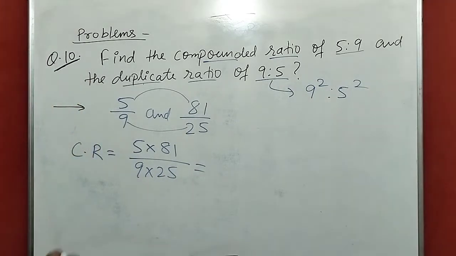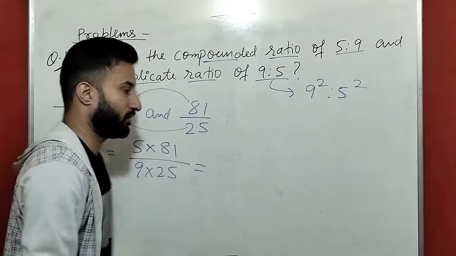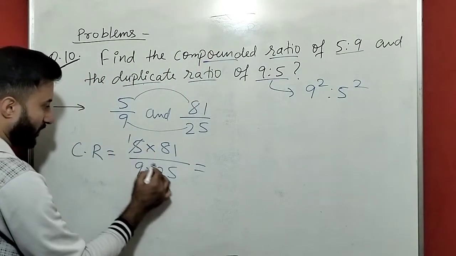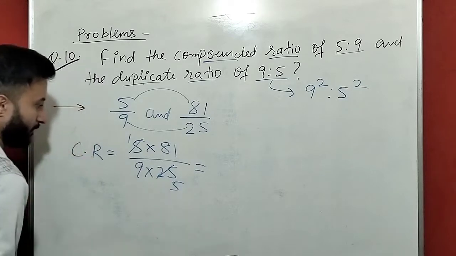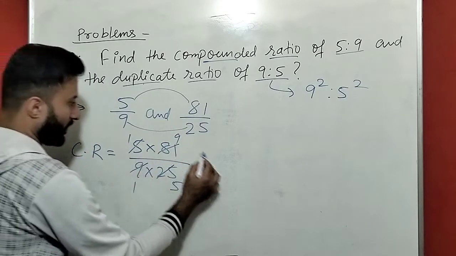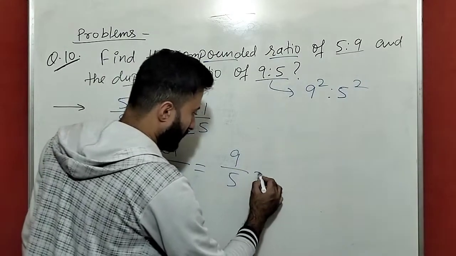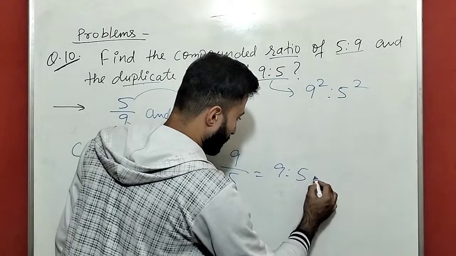As I have told you, if it is getting cancelled, first we have to check whether it is getting cancelled or not. So it is getting cancelled. 5 1 the 5, 5 5 the 25, 9 1 the 9, 9 9 the 81. So the numerator is 9 divided by denominator 5. So the answer is 9 is to 5.